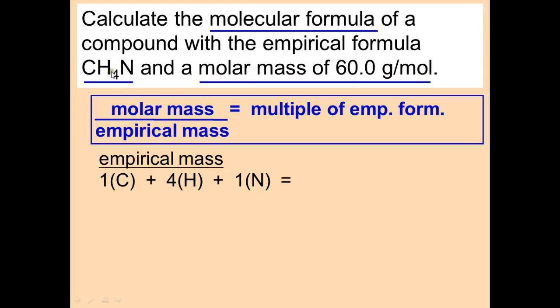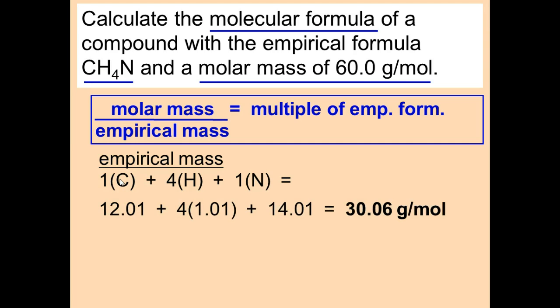So we have 1 carbon, 4 hydrogens, 1 nitrogen, and then we multiply the coefficients of these elements times the corresponding element's atomic mass. So 1 times 12.01, then we add 4 times 1.01 because that's hydrogen's atomic mass, plus 1 times nitrogen's atomic mass, and we add all this up and get 30.06 grams per mole.